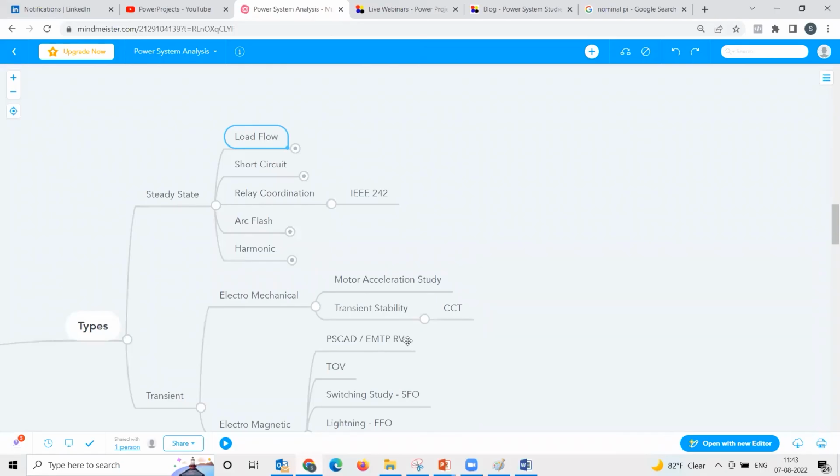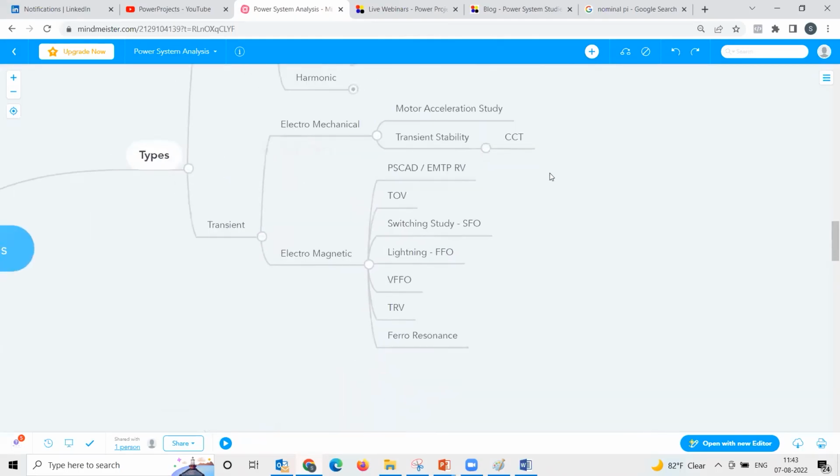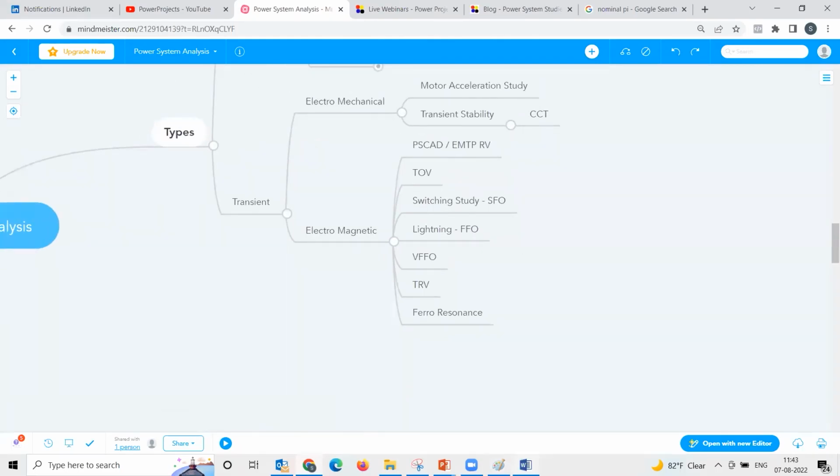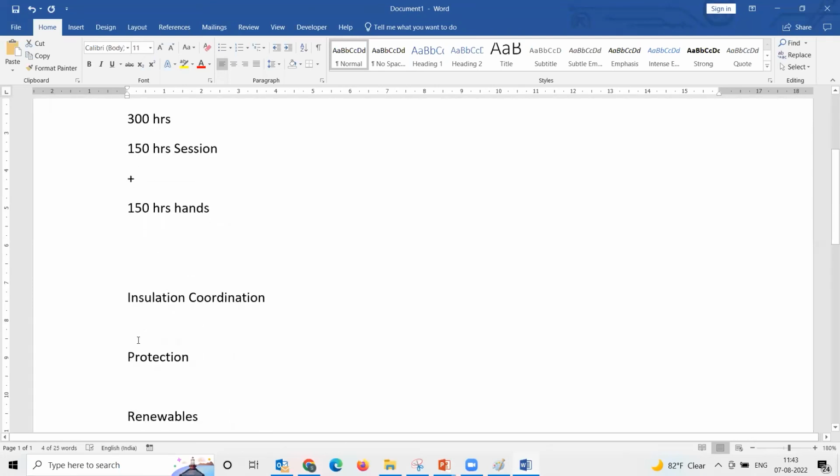But PSCAD and EMT-PRV are the competitors, and they are ruling the world of EMT simulation. When I say EMT, I mean performing TOV, SFO, FFO, VFFO, etc., in addition to protection and renewables. So this covers complete grid-compliance studies for renewables, and modeling and development of protection devices like distance and differential relays.